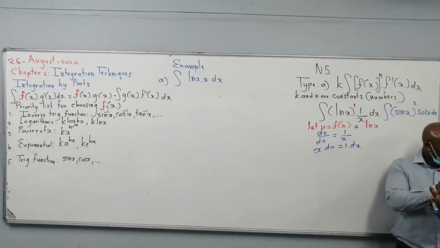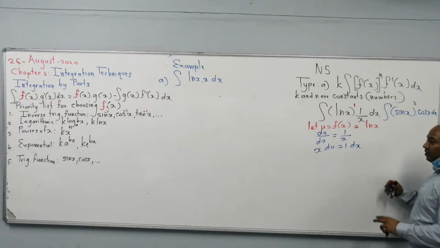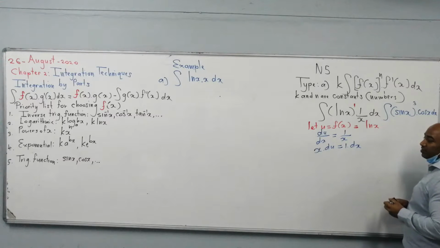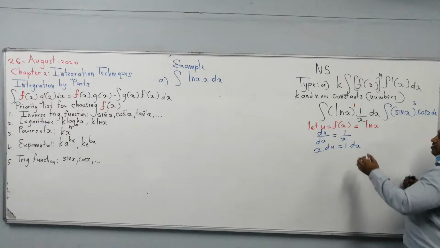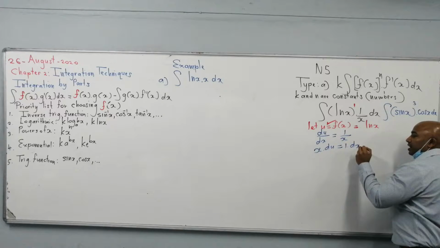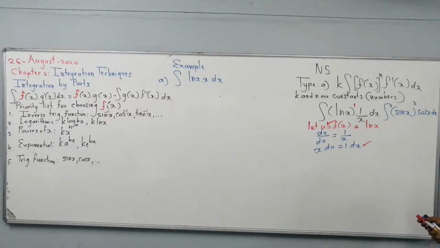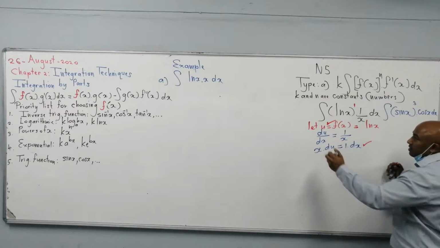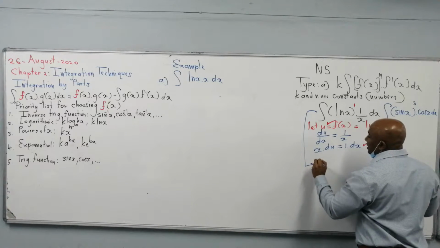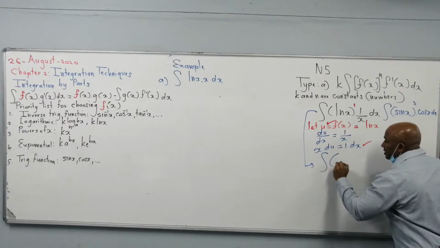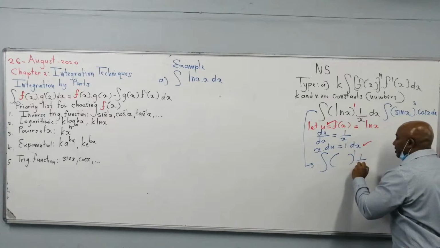Can you see that? So now dx is the subject of the formula. Once I have my u and I have dx, then I can substitute here. So that's ln x to the power 1 over x.